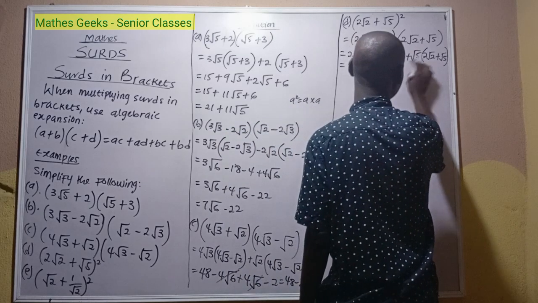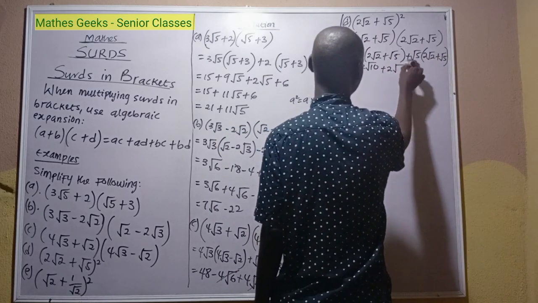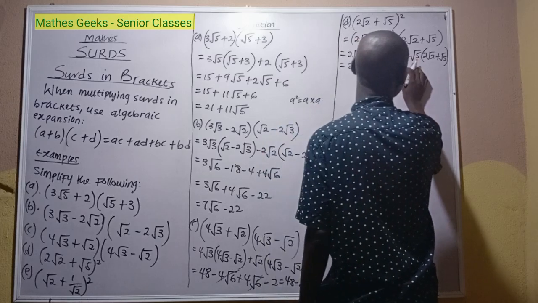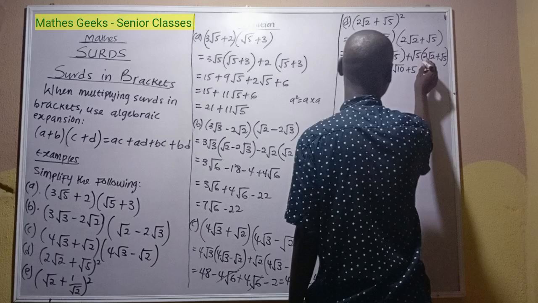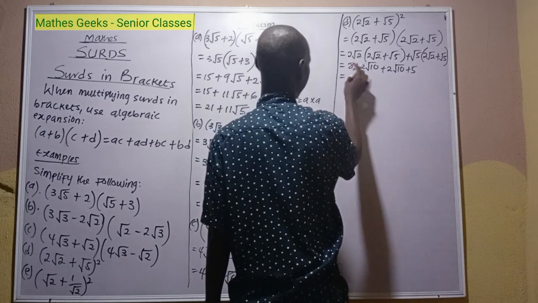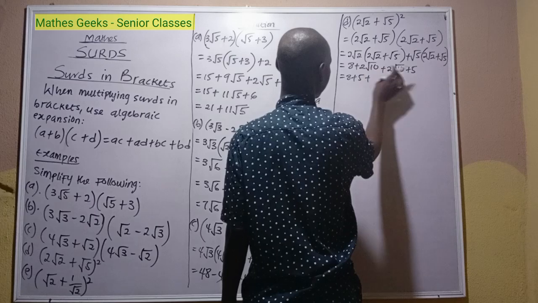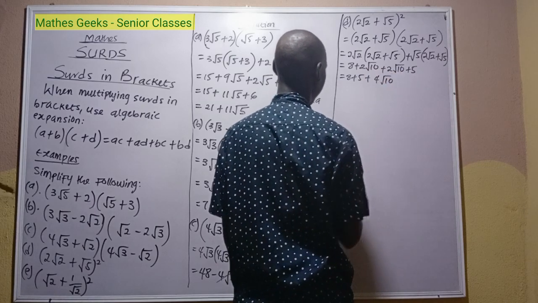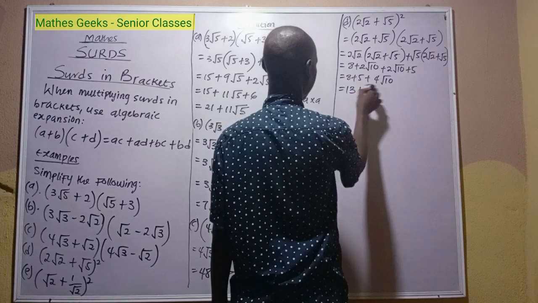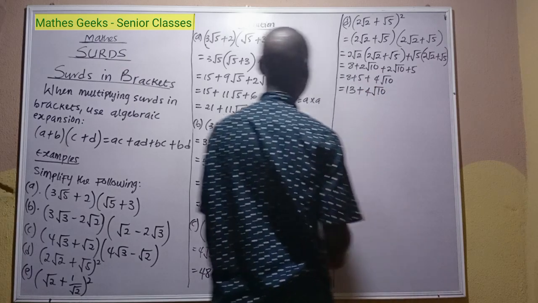Then root 5 times 2 root 2 is 2 root 10, and root 5 times root 5 is 5. This gives us 8 plus 5 plus 2 root 10 plus 2 root 10, that's 4 root 10. And 8 plus 5 is 13, so the answer is 13 plus 4 root 10.